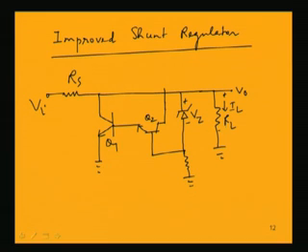Now the currents flowing in the transistors, let us name as IB2 for this second transistor, and the collector current for the second transistor is IC2. In this direction it will be, it is an NPN transistor.